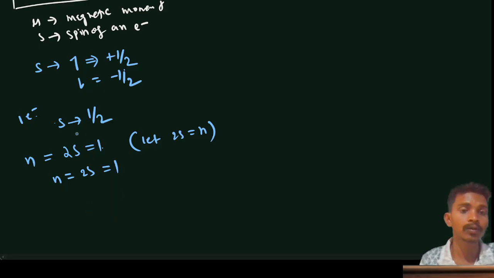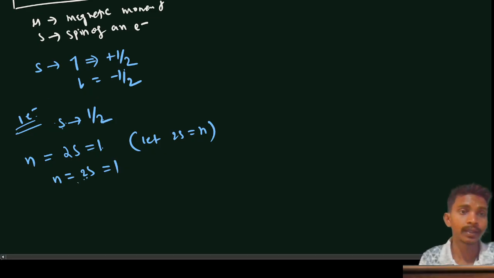Okay, because I'm not comfortable taking the half value, because while adding you can also use this formula. But if you want it very convenient by taking the value 1, then we can say n equals 2s, where s is the half value for one electron. So I can take 2s equal to 1, and let me assume that 2s equals n.